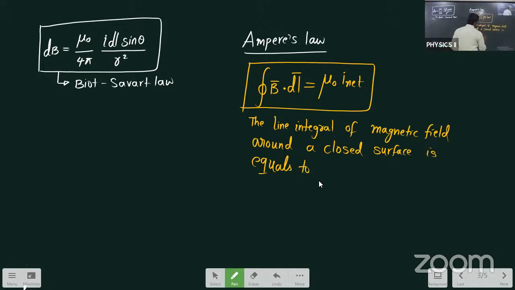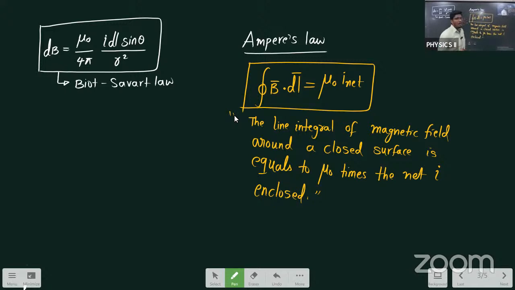Mu naught times the net current enclosed. So this was the statement we discussed regarding Ampere's law, and we were doing the application based on this Ampere's law. So let us continue yesterday's class.